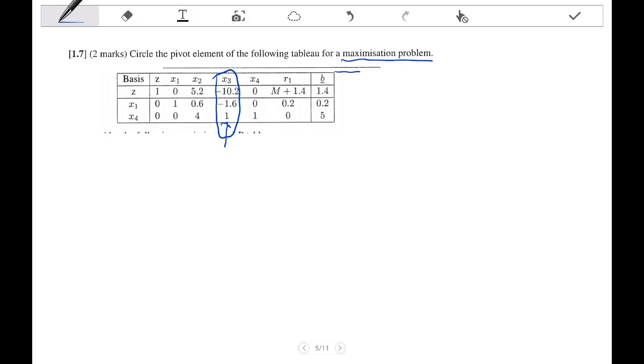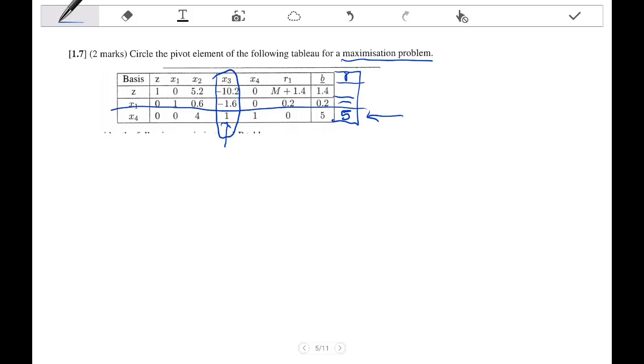To do the ratio operation, you can extend your table and say this is R, then say 0.2 divided by negative 1.6. If you get a negative, write a dash. We don't deal with the negatives. The second thing to do is say 5 divided by 1 and then you get 5. Then 5 is going to be the smallest ratio. So if 5 is the smallest ratio, therefore this is the pivot row.